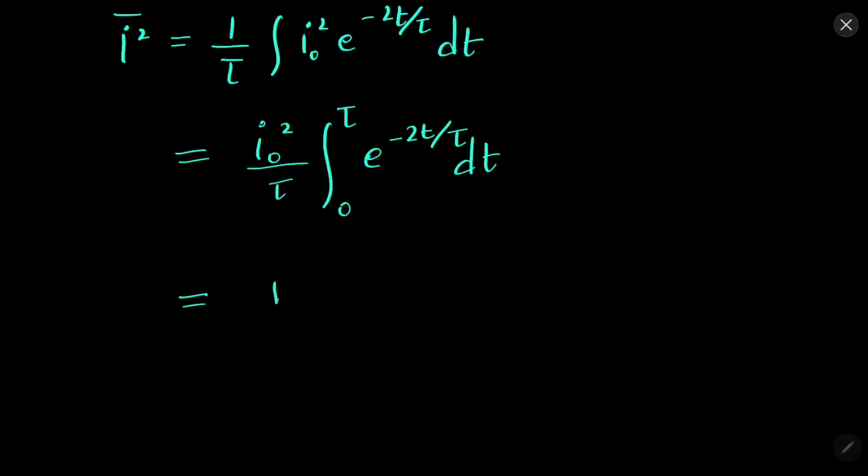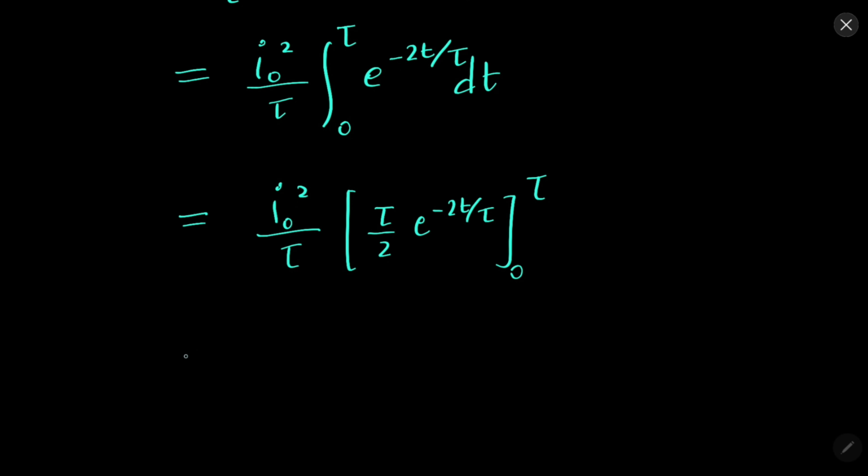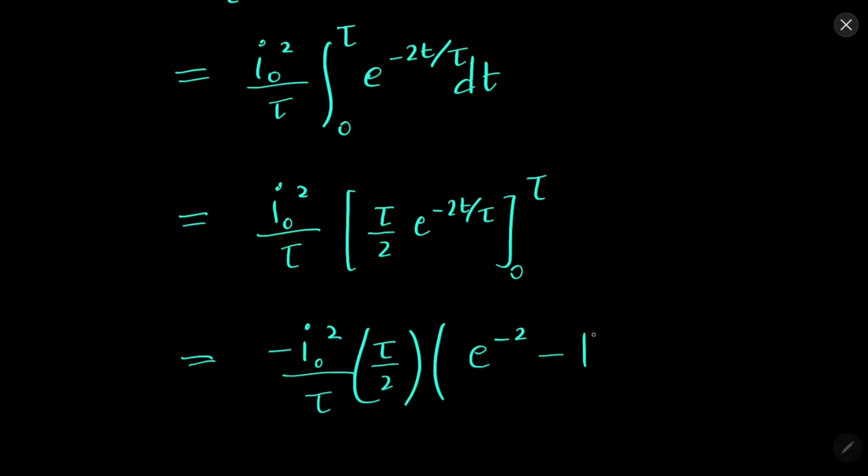So after integration we will have tau by 2, and this from 0 to tau. So once you put the values, you will obtain I0 square over tau by 2 into e to the power minus 2 minus 1, upper limit minus lower limit.